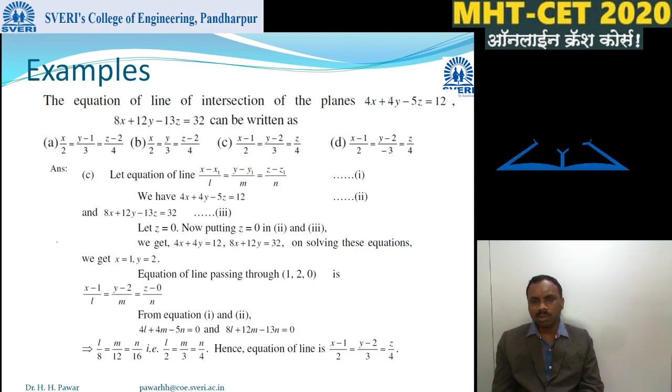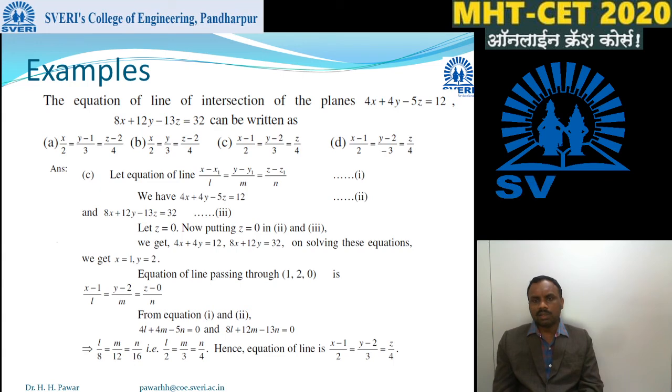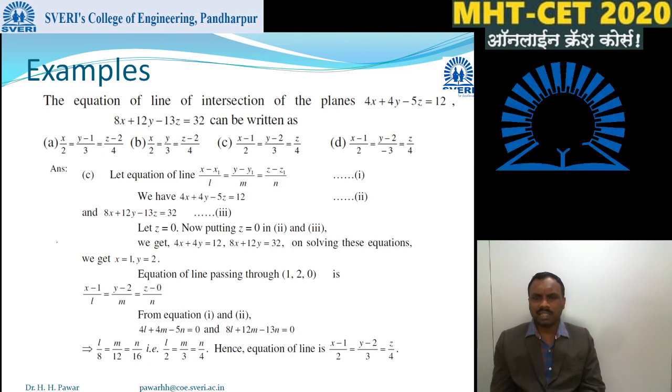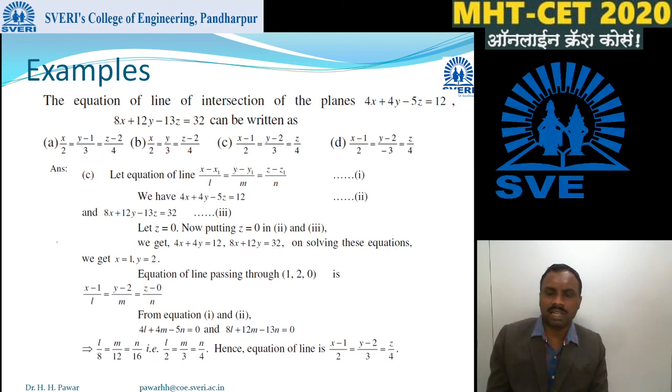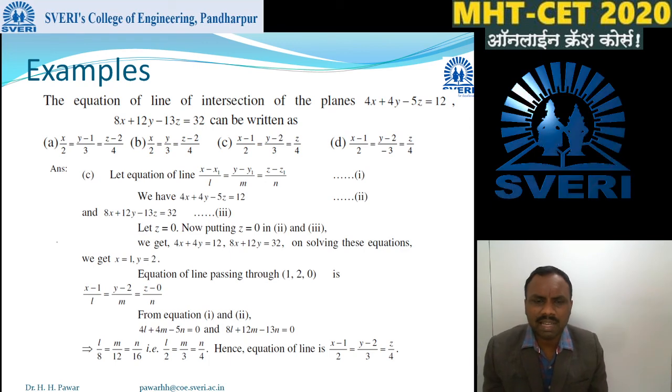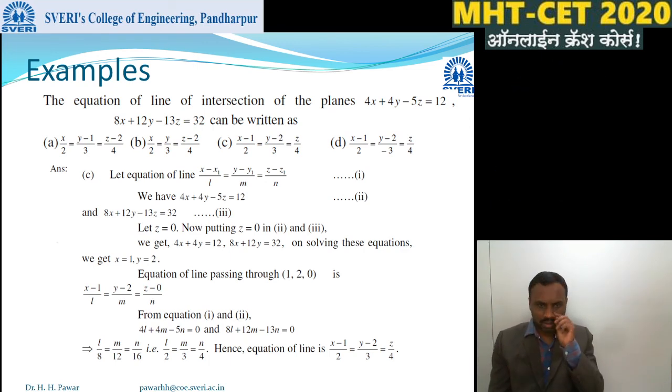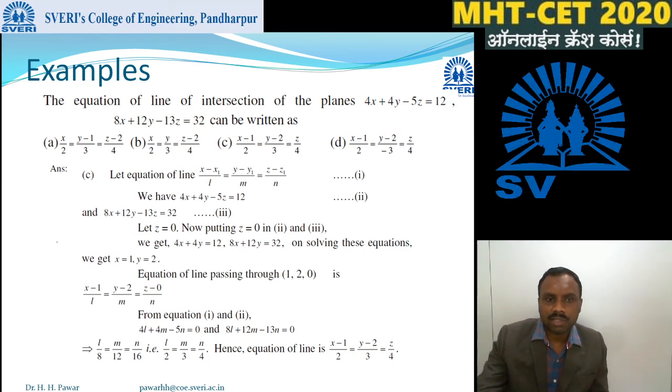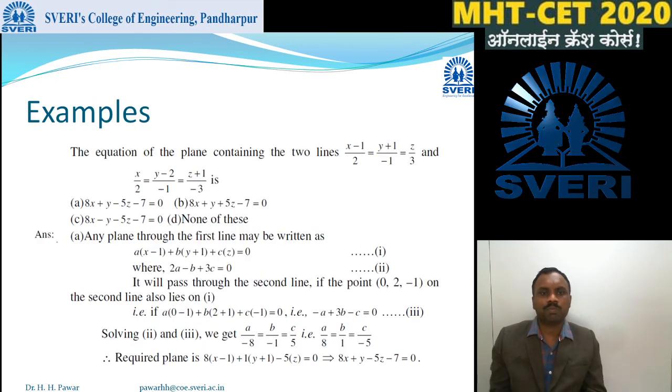Third option, if you check: 1 minus 1, that is 0, 2 minus 2 is 0, again 0 by 4 is 0. So all are correct. So option C is the correct choice for this question. That is, put the point directly into the equation of line in the options.